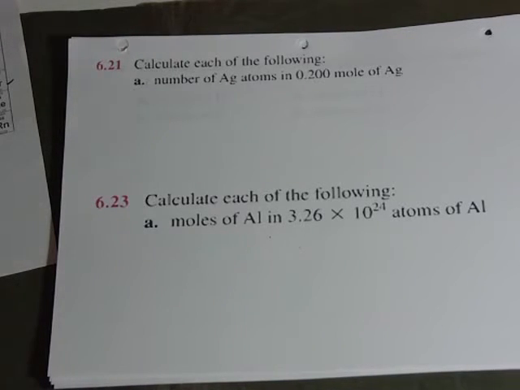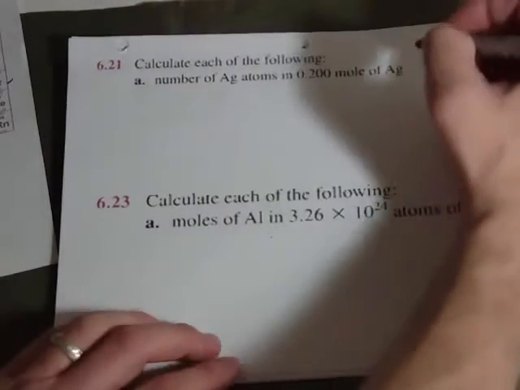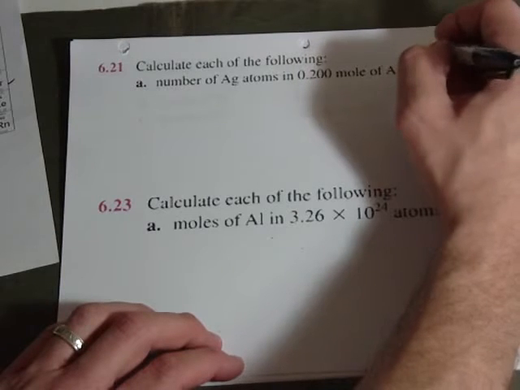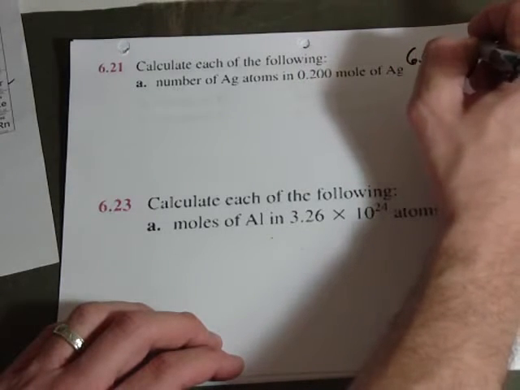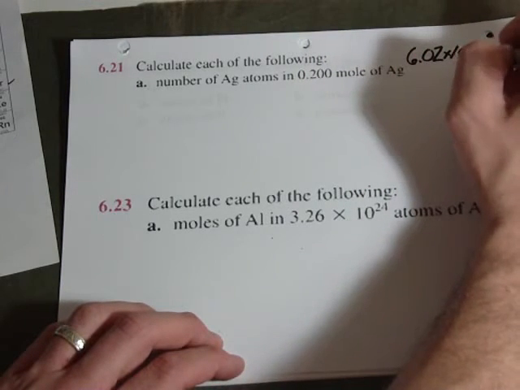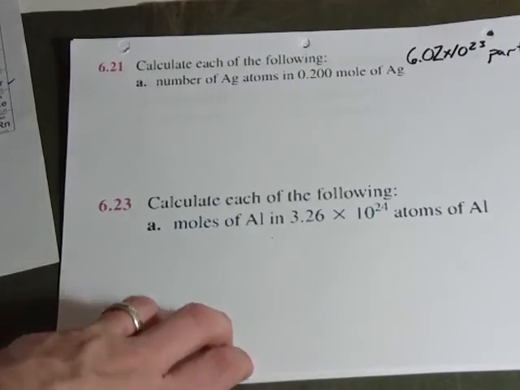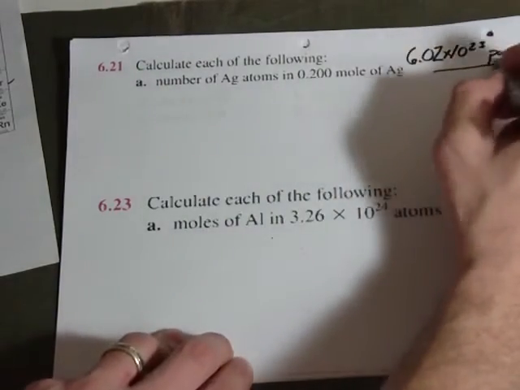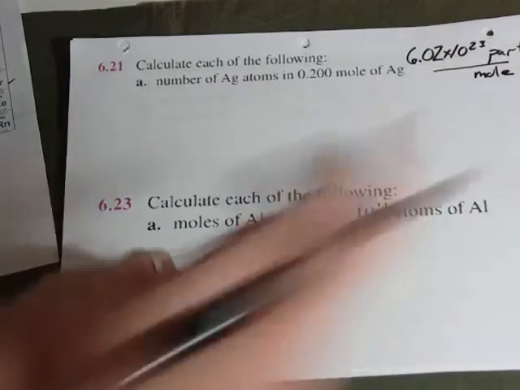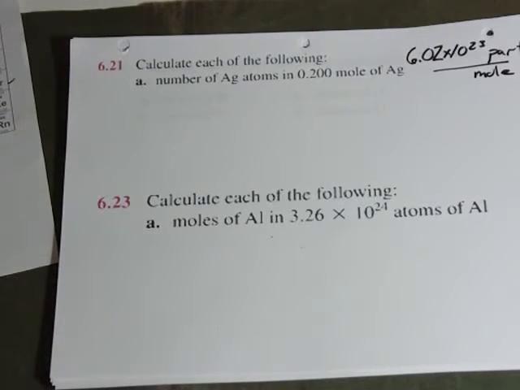So it's bringing things in reference to moles. All right, and so Avogadro's number is equal to 6.02 times 10 to the 23rd parts, whatever you're talking about, atoms, ions, molecules, whatever you have, per mole. And so we can use that conversion factor in any way we need to.